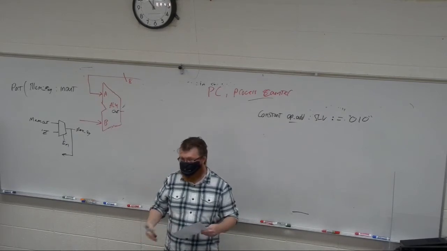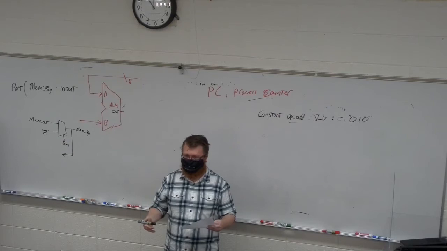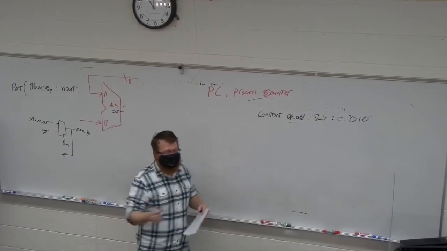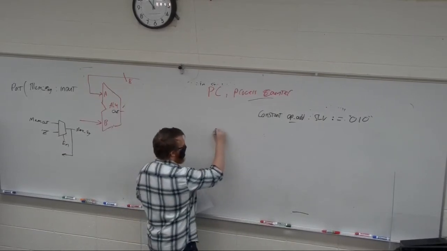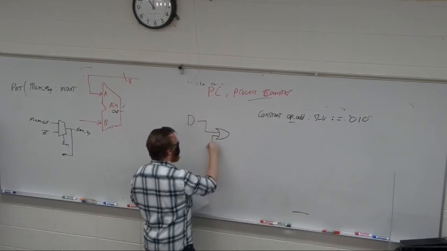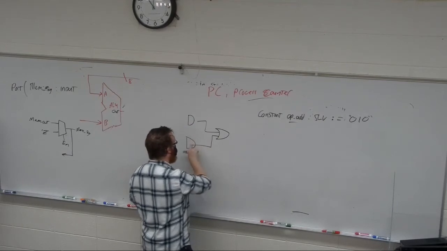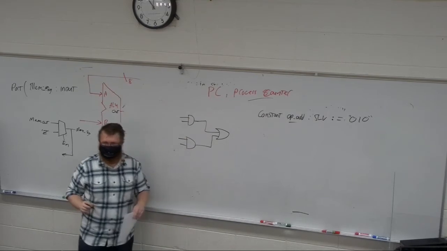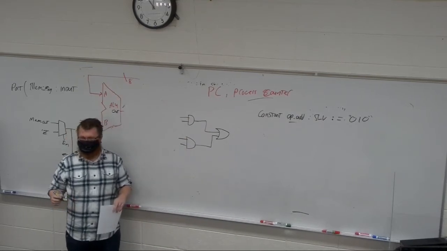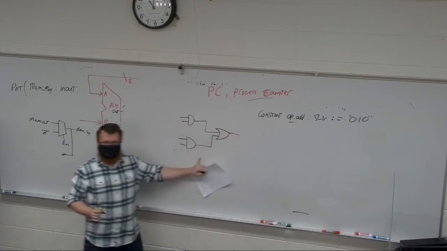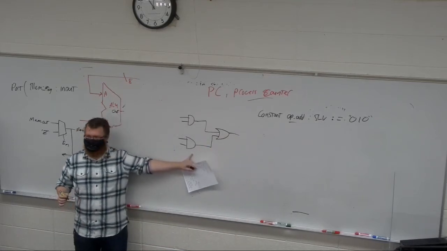If I use a K-map and I circle all ones, so if I'm using the min terms, then what I end up with, there's no way around this, is a sum of products, which means I have an output gate of an OR, input gates of an AND.